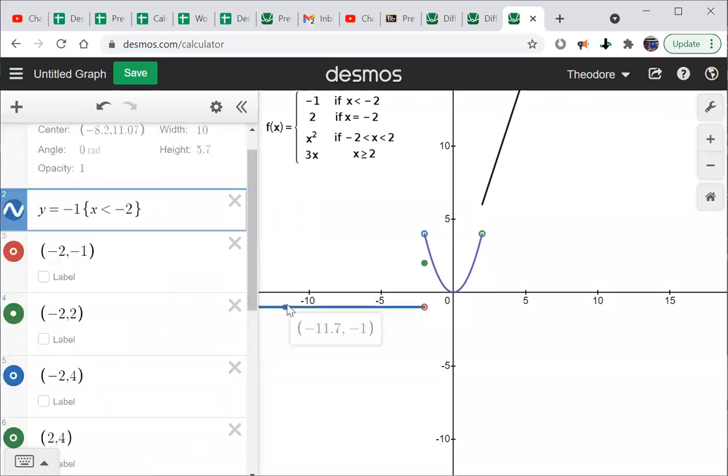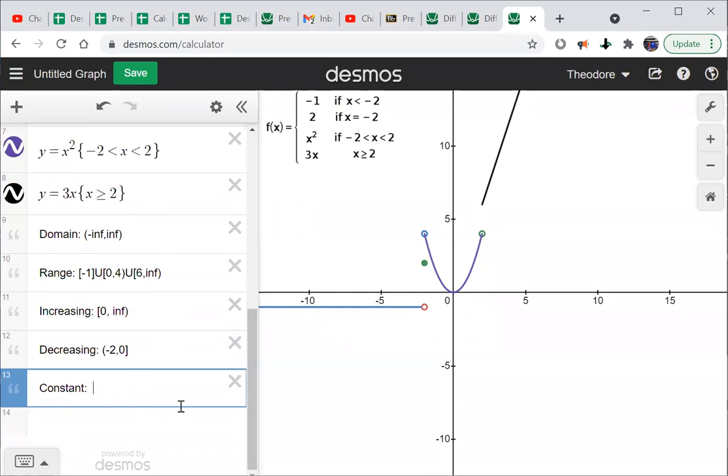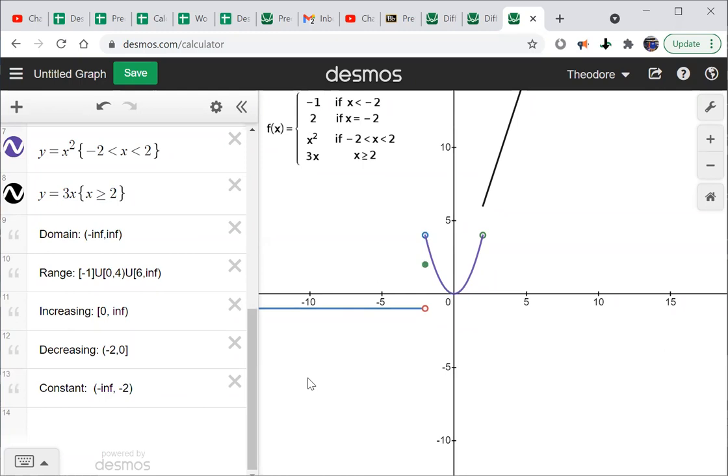All right, so that's all of this stuff here. So negative infinity right to this location, x value -2. So negative infinity to -2, parentheses, because there isn't a solid point at -2. And this point in space doesn't have any of these characteristics, increasing, decreasing, constant, anything like that.